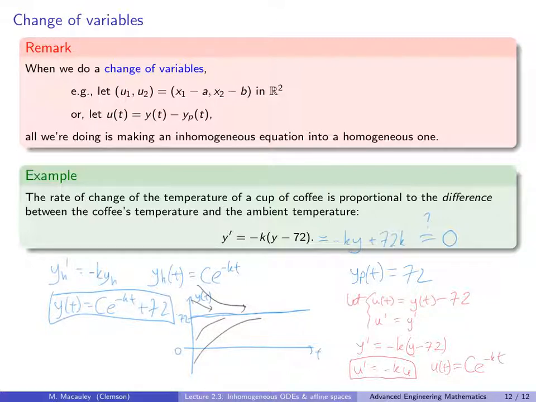So all we've done is, up here in this graph, instead of this being y equals 72, I'm going to declare that this is u equals 0. So the origin is moving up here, and now the solutions are decaying to 0 instead of decaying to 72.